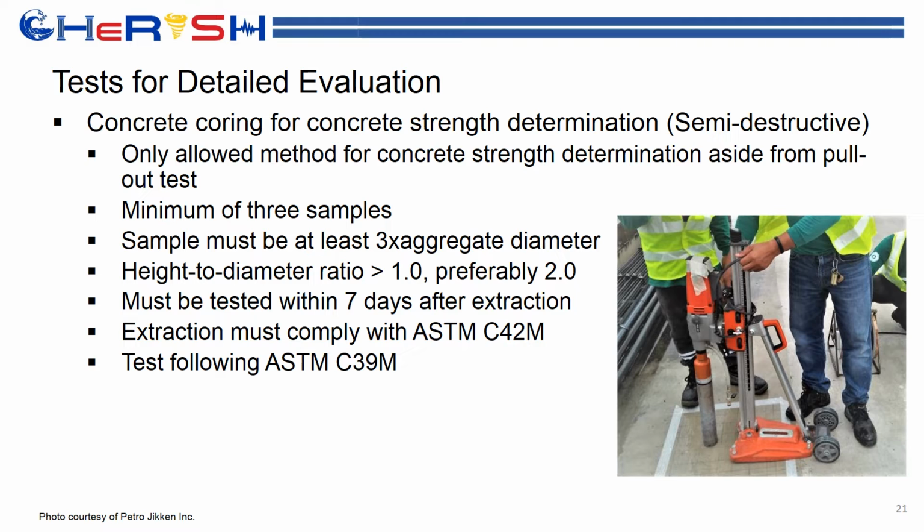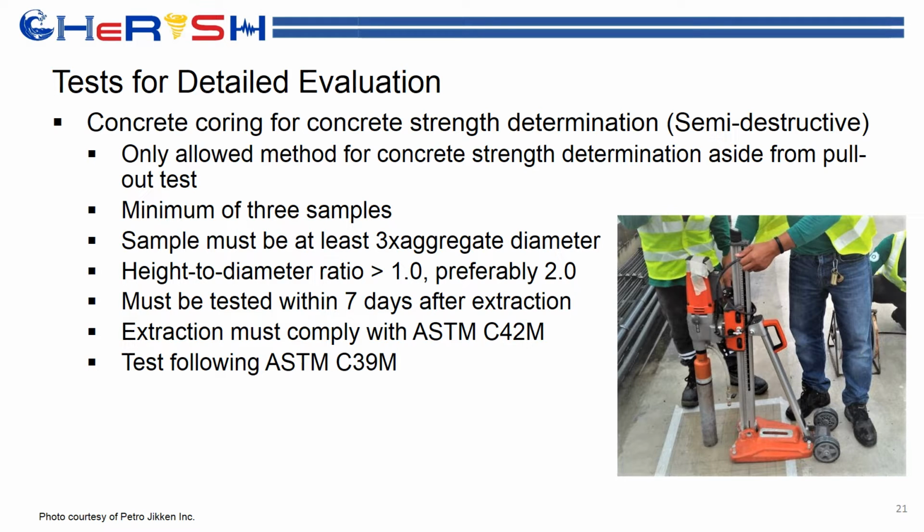Now, in terms of sample size, the diameter must be at least 3 times the aggregate diameter. The reason for this is that if the diameter of the core samples is lower than 3 times the aggregate diameter, then the variability of test results increases. That is the reason why they try to limit the diameter to 3 times the aggregate diameter.